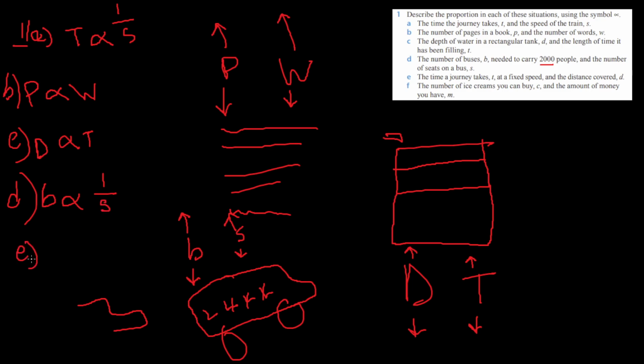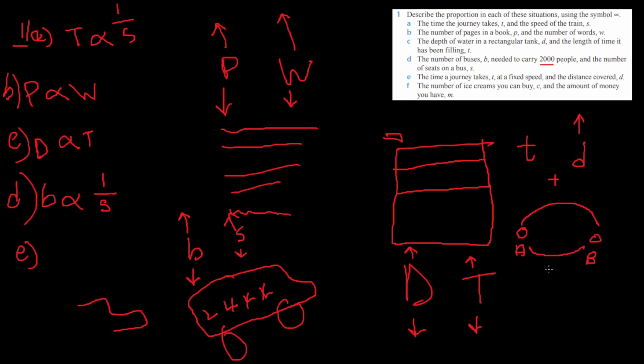Let's do number E. The time a journey takes and the distance covered. So we have time and distance. Let's say we want to go from destination A to destination B. If you want to go here, it takes a certain amount of time, and it's a certain amount of distance.